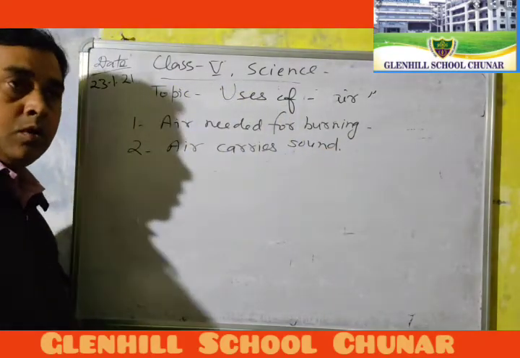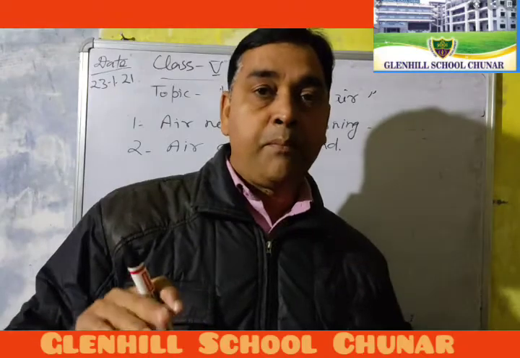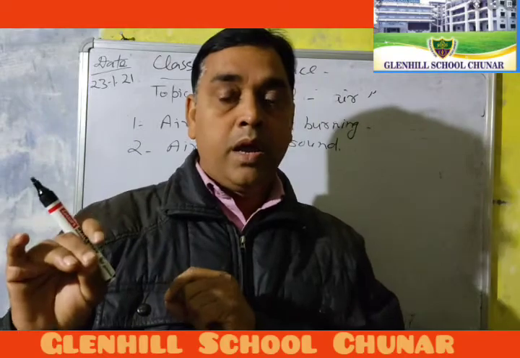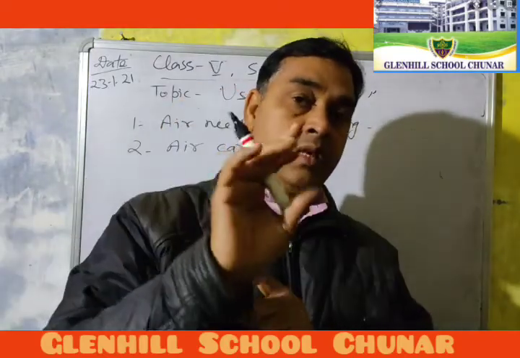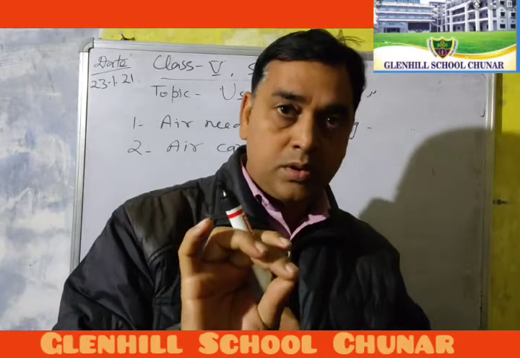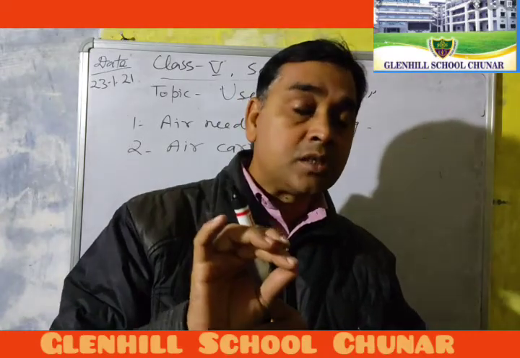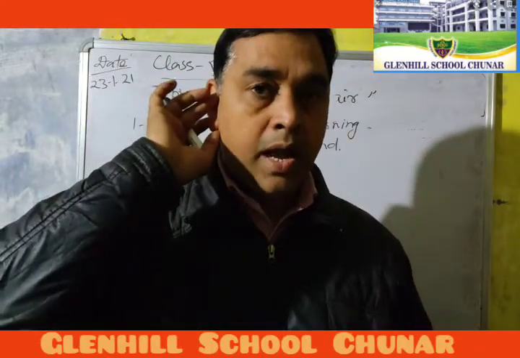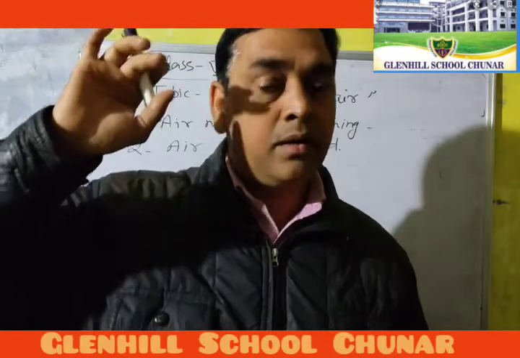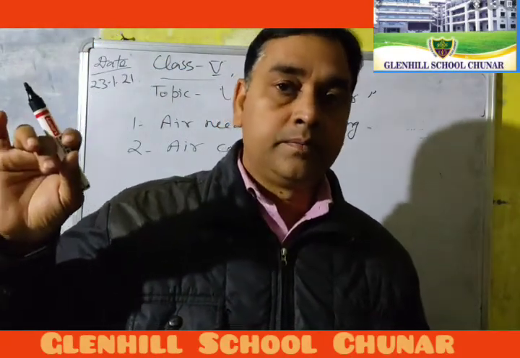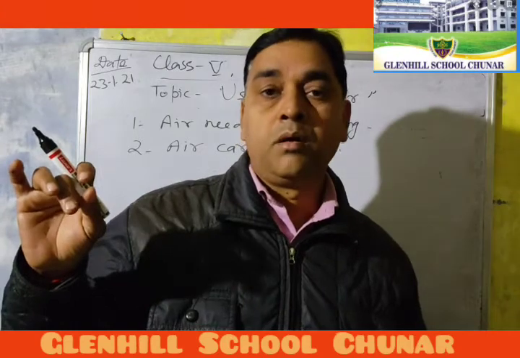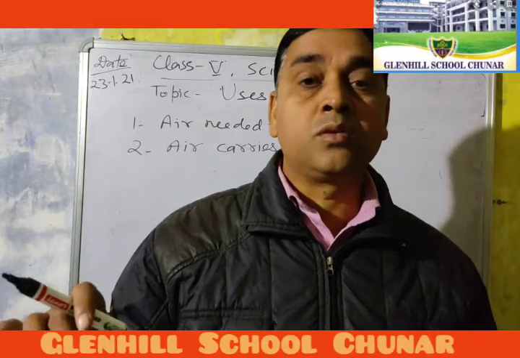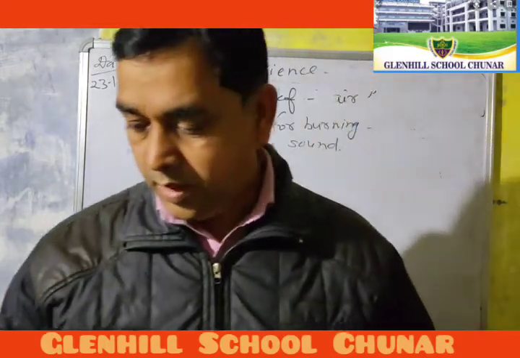You know the source of sound vibrates the air. It comes to our ear in vibrating form, and our ear has three small bones called malleus, incus, and stapes. They beat our eardrum and send the sound to our brain via the auditory nerve for hearing the sound.